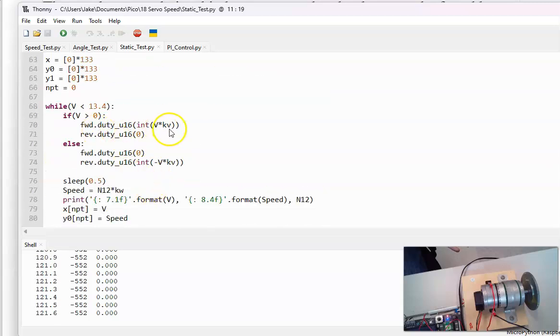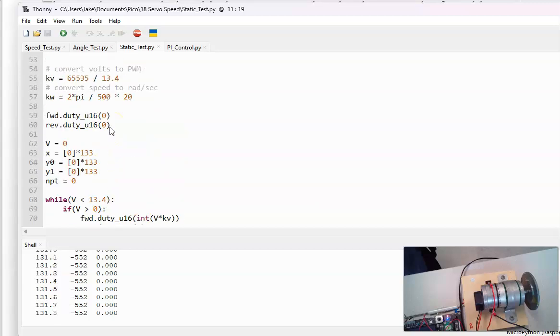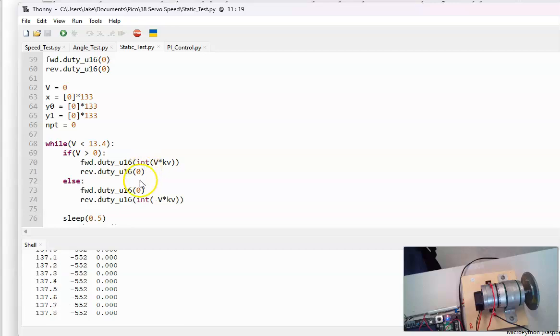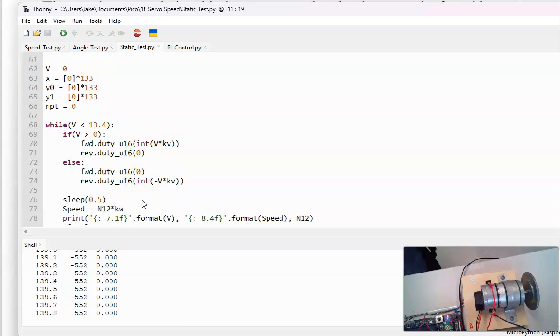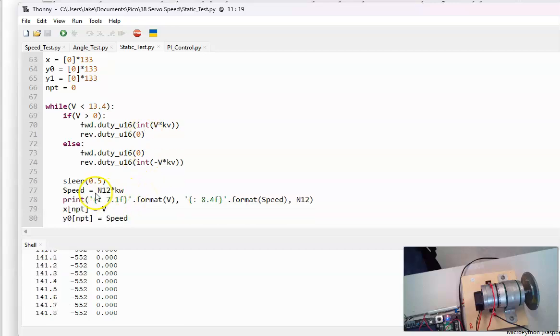Apply the PWM on pin 18. If I want to go reverse, apply the PWM on pin 19. That sets the speed. Apply that voltage. 100% speed is 13.4 volts. That's my conversion from volts to PWM. Apply that PWM, meaning that voltage, wait a half second, and then measure the speed of the motor, print it, and save the data.